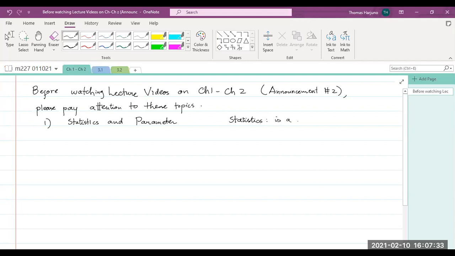Statistic is a science and art of collecting data, organizing, summarizing, and analyzing, and inferencing information.